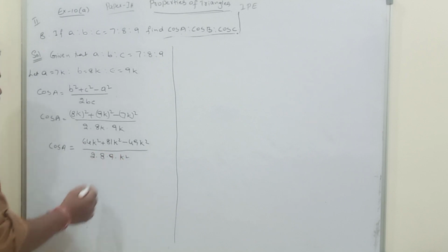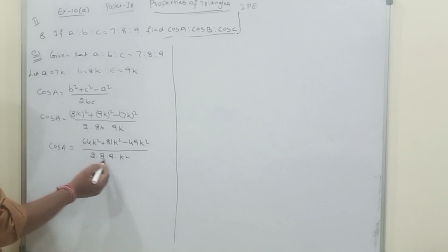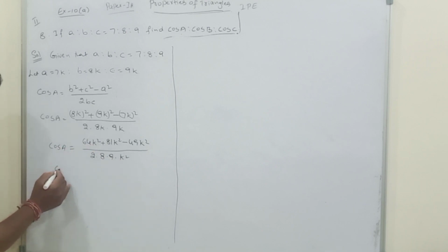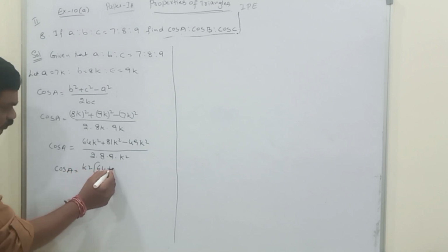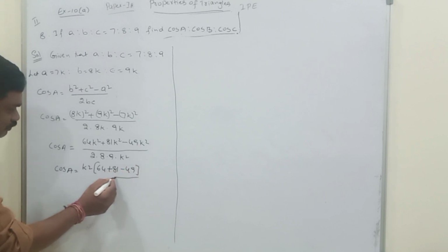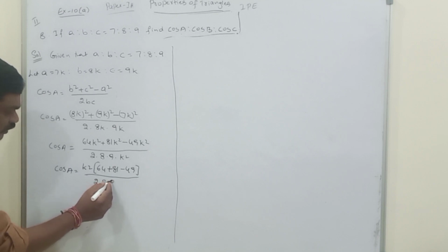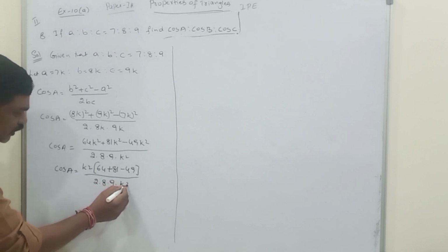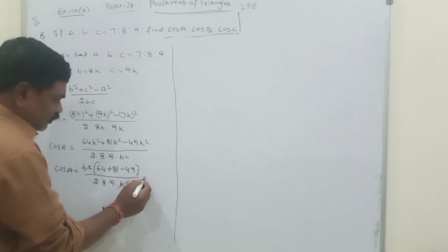In the numerator k square is common, and the denominator has k square, so k square gets cancelled.